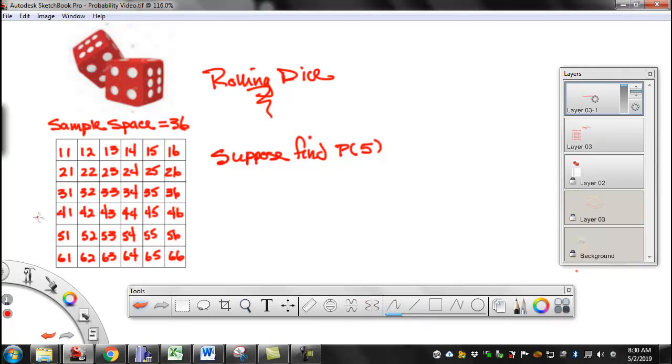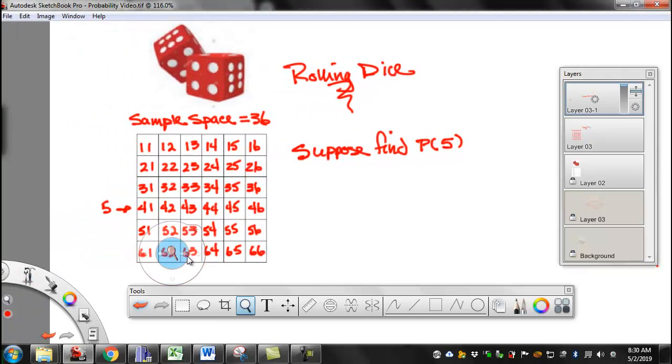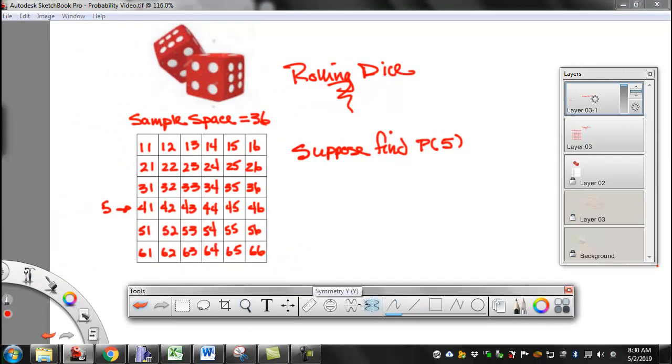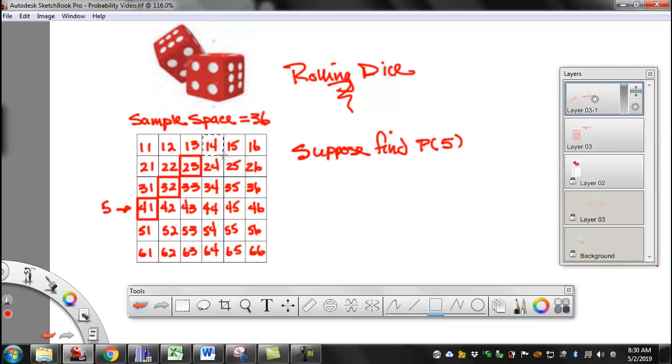Okay, in this next part, you can see that I've got my sample space all the way figured out, and we're going to calculate the probability of rolling a 5. Well, a 5 can be given by a 4 and a 1, so I'm going to square that one. I also can get a 5 with a 3 and a 2, a 2 and a 3, and a 1 and a 4. If you count those possible ways of rolling a 5, there are 4 ways.